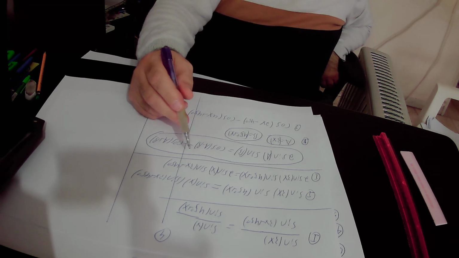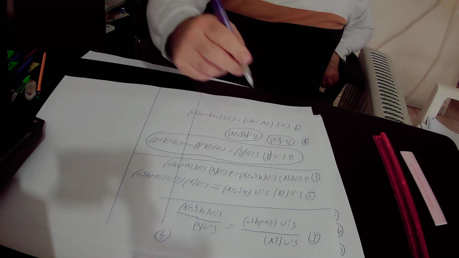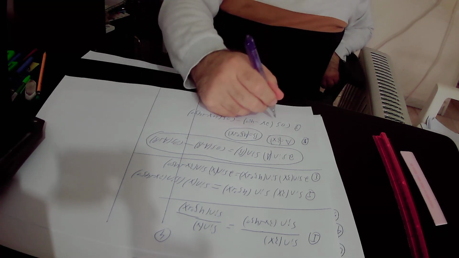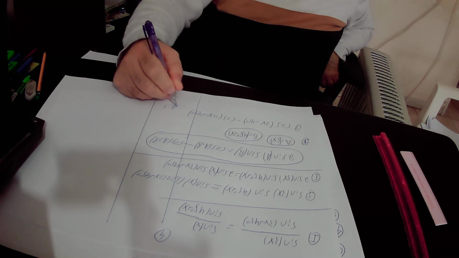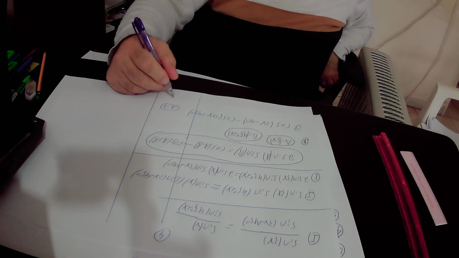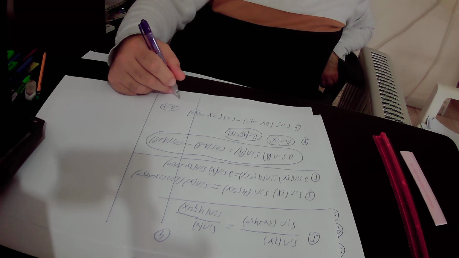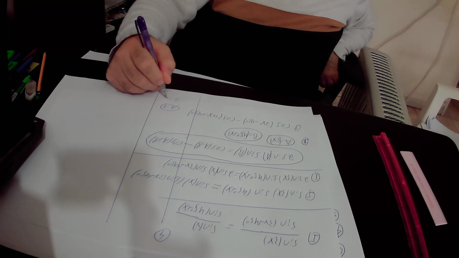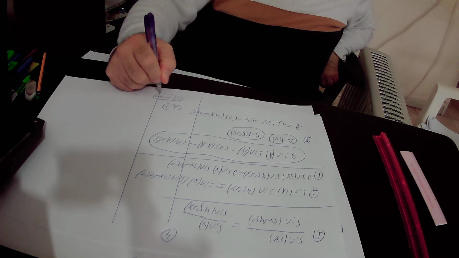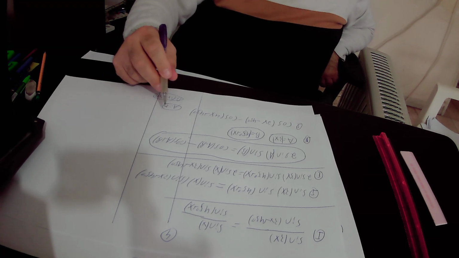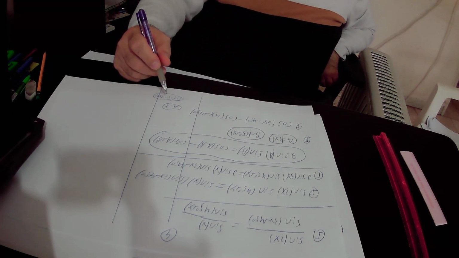Here we have 2 sine x sine (3x plus 45 degrees). So here A is equal to x and B is equal to 3x plus 45 degrees. So 2 sine A sine B equals cosine (A minus B). A is x, B is 3x plus 45 degrees.